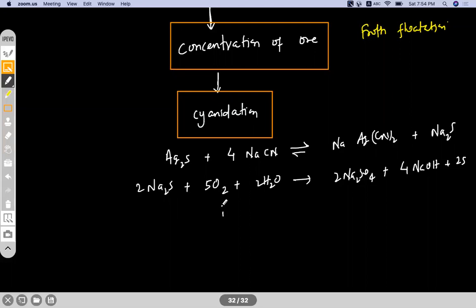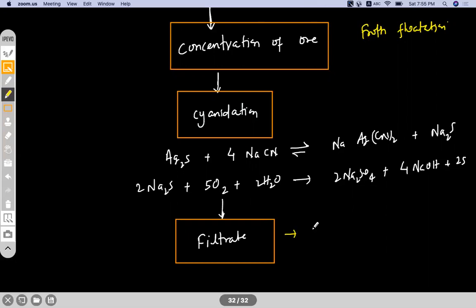And then we'll filter it, right? That is the next step. We'll filter it and we'll get the filtrate. From the silver complex NaAg(CN)2, silver will get precipitated with the help of zinc. We'll add zinc over here.